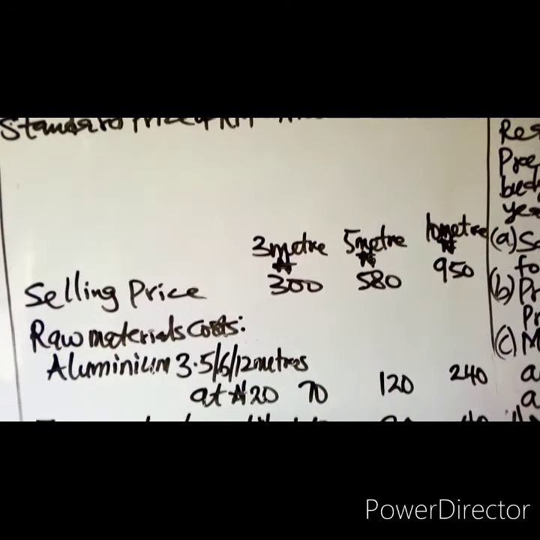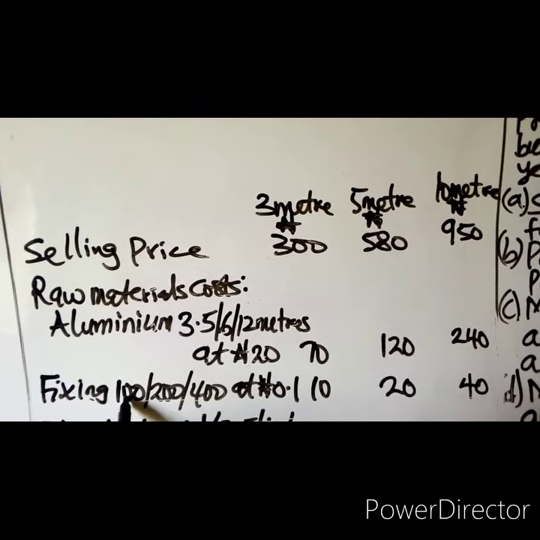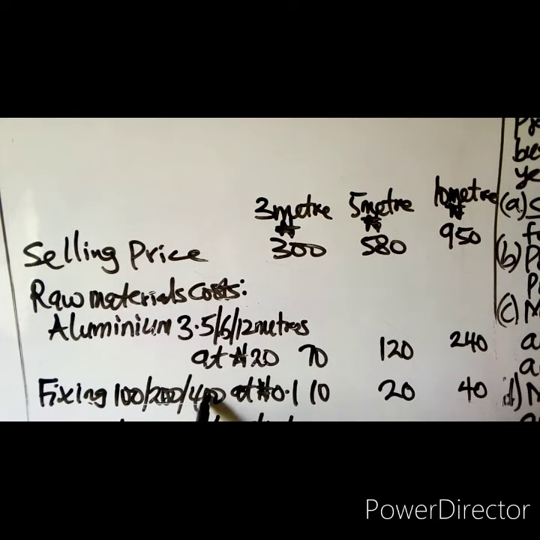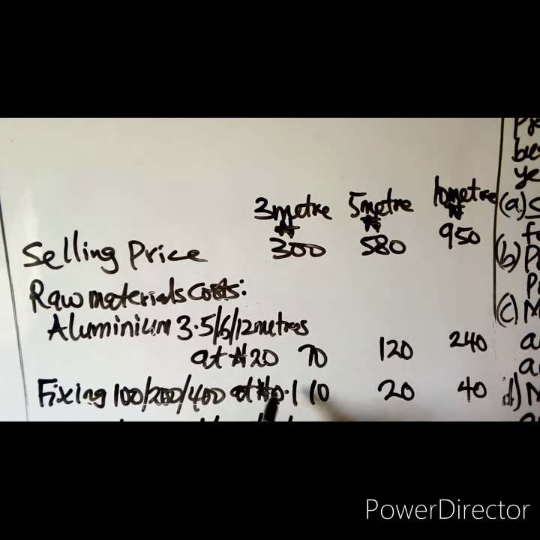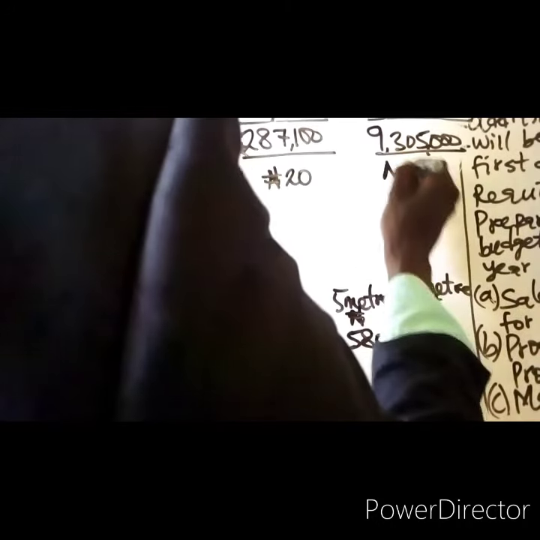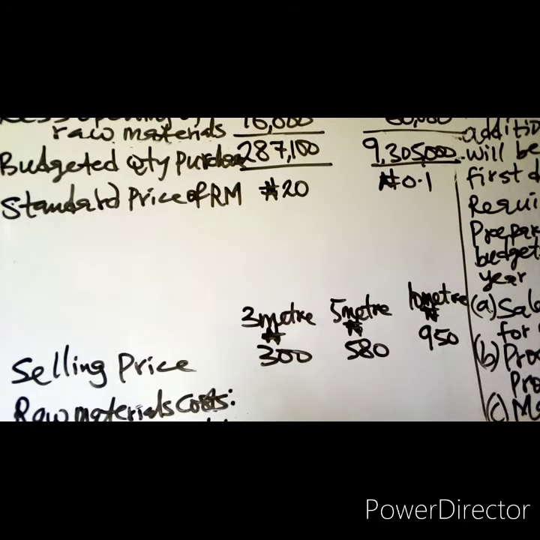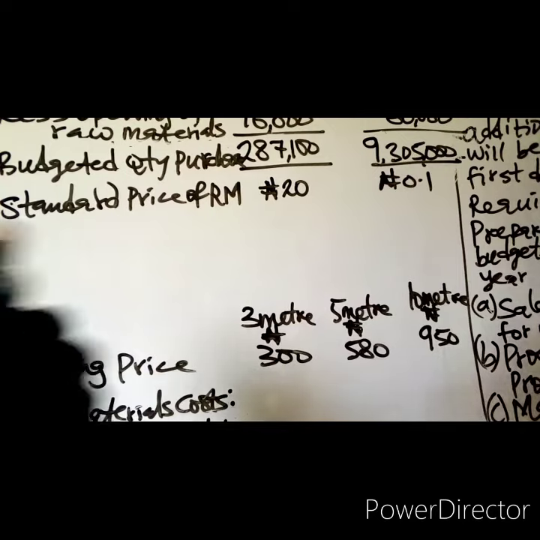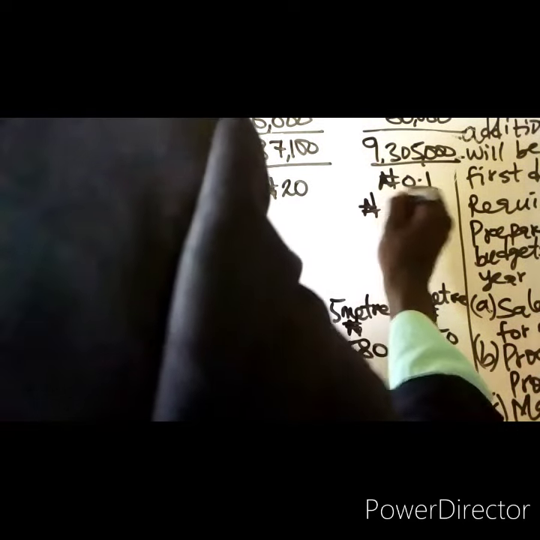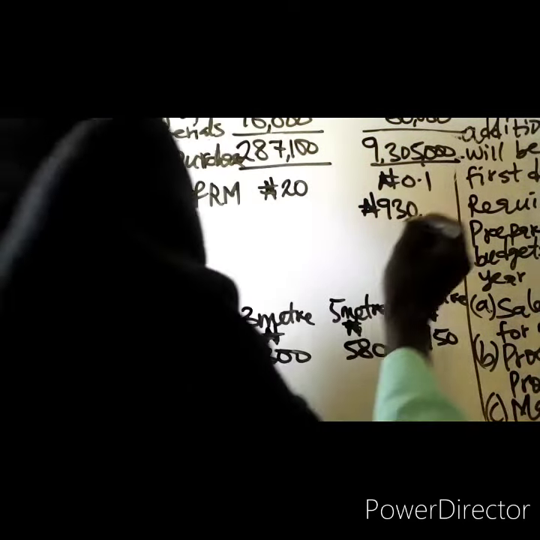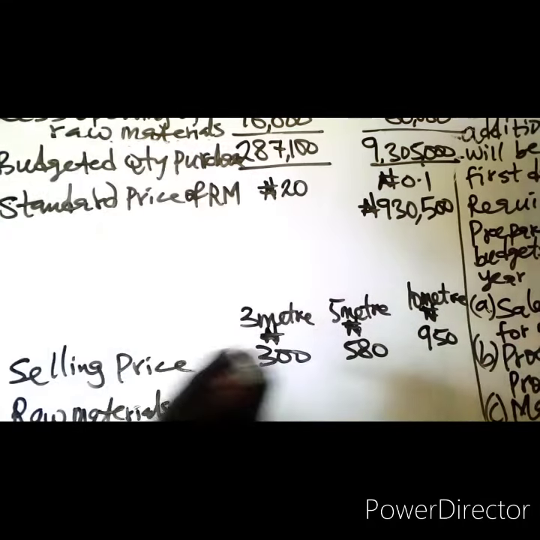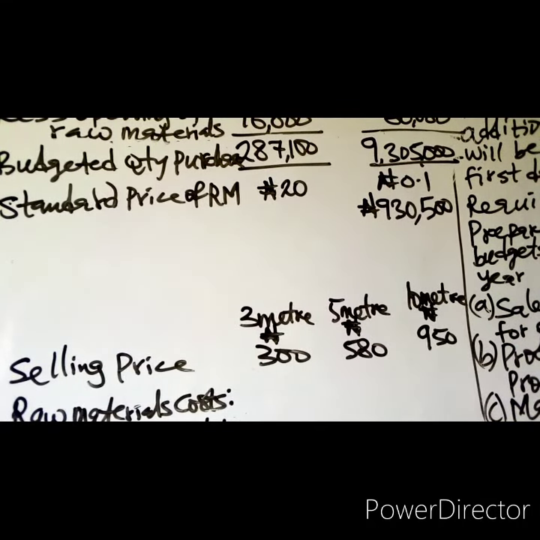Fizzing is 100, 200, 400 units at 0.1 naira. If you multiply 9,305,000 by 0.1, you have 930,500. That is the budgeted purchase cost of fizzing. That of aluminum, you have 287,100.